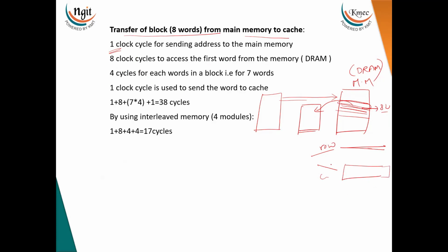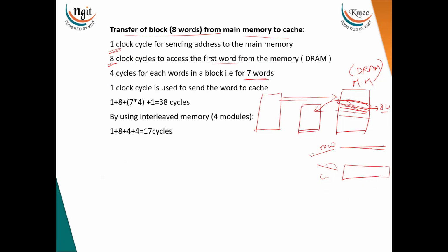Now consecutive locations means the column address is automatically incremented, and the consecutive column addresses will be accessed and the data taken. To access the first word, it takes 8 clock cycles. Of the 8 words, the first word takes 8, and the remaining 7 words take about half the time.